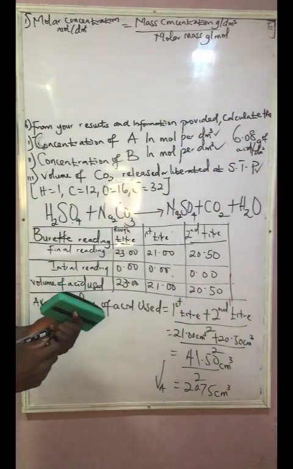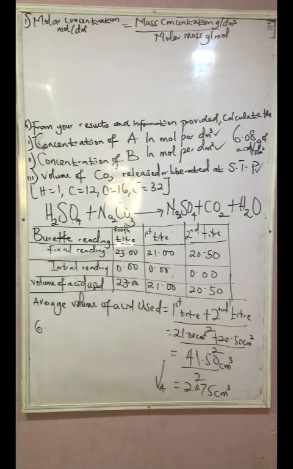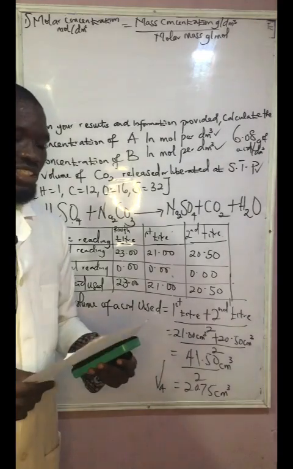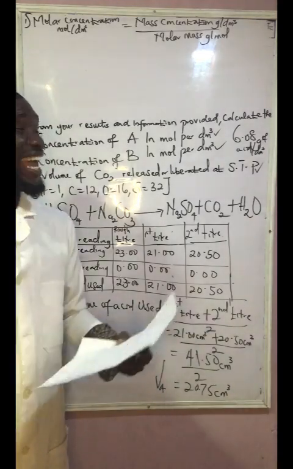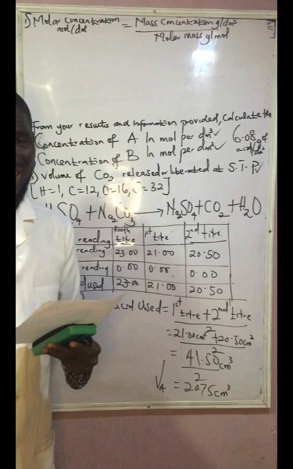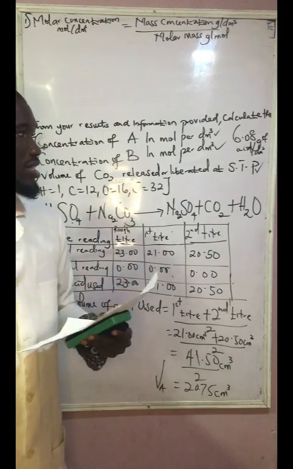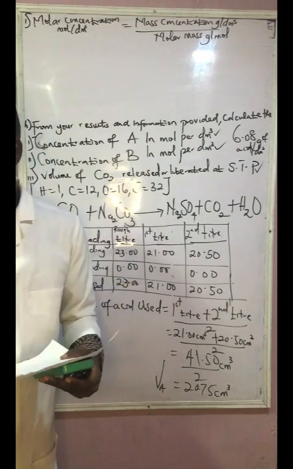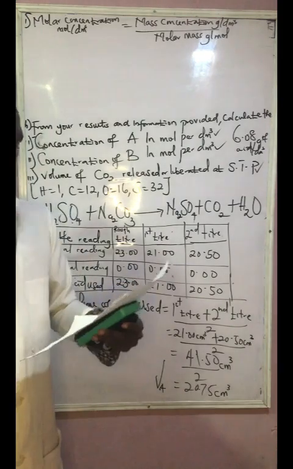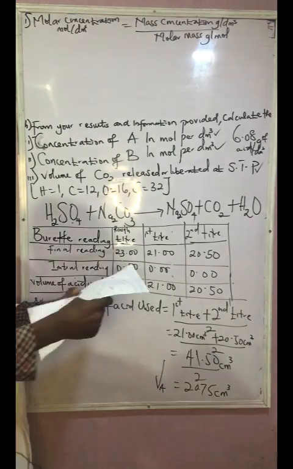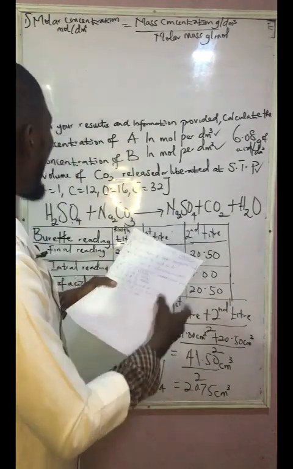The question stated that A is a solution of tetraoxosulfate 6 acid, 6.08 gram of acid per dm cube. Is that clear now? We are to look for the concentration of A in mole per dm cube first.